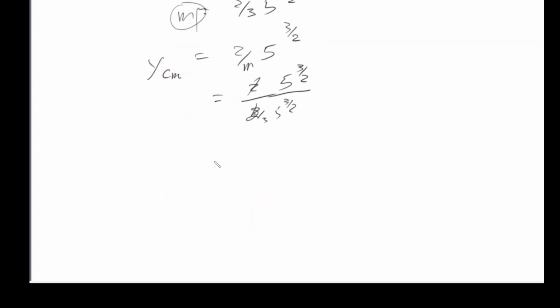The 2's cancel out, the 5 to the 3/2 cancel out, the 3 comes up to the top, so you get y center of mass is equal to 3 centimeters. Or the total center of mass of this rod based on x and y is equal to 0.3 centimeters.